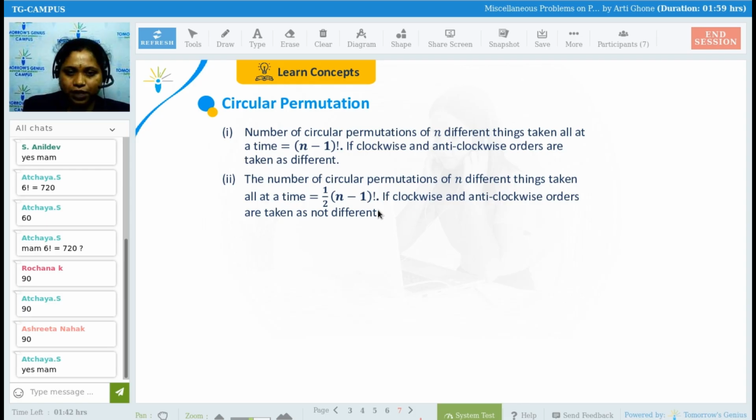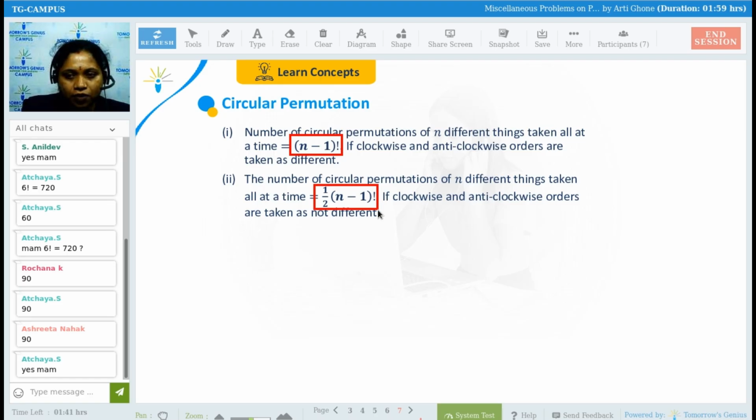Read it and tell me who will explain the meaning. See, simply I am reading.